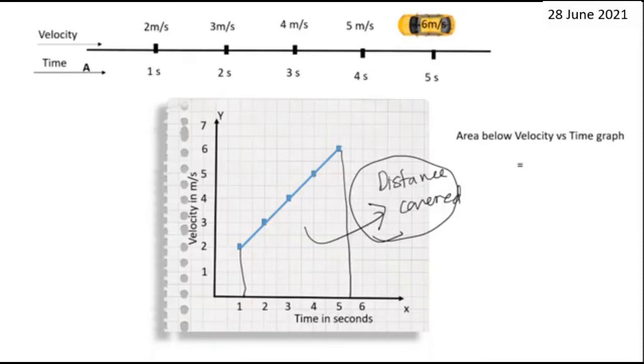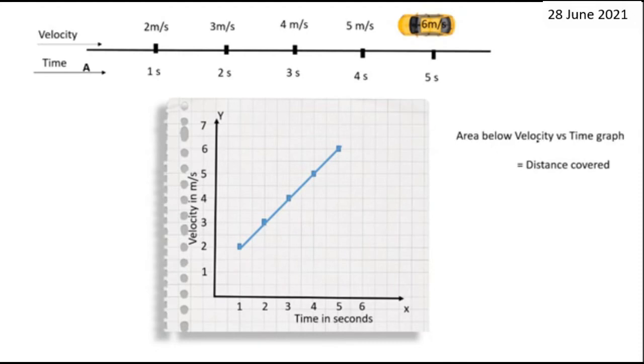So now the area below the velocity versus time graph is distance covered. Now how to find the distance covered here? If I can complete this diagram from here to here, you will get a rectangle and a triangle, right? But is this the area? Is this the area below this? We have got an area here also.